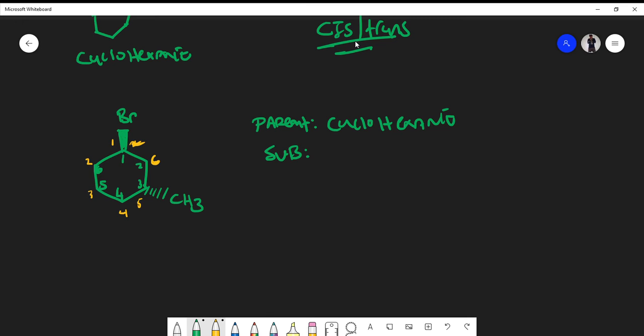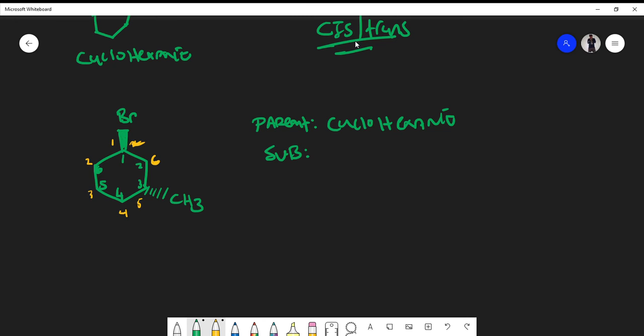And the reason why is because bromine would still be number 1, but the methyl group would actually be at position 5, as opposed to the original way that we labeled it, where it is actually at position 3, right? So 5 versus 3, you want to give your substituents the lowest number possible, and so in this case, this is why we went with the green color labeling.